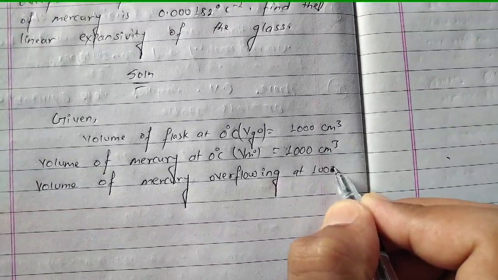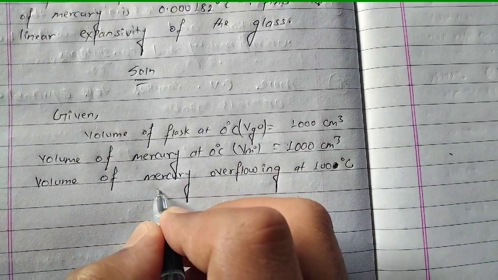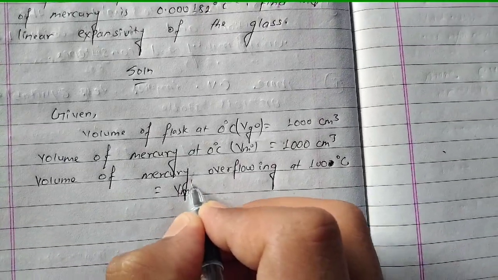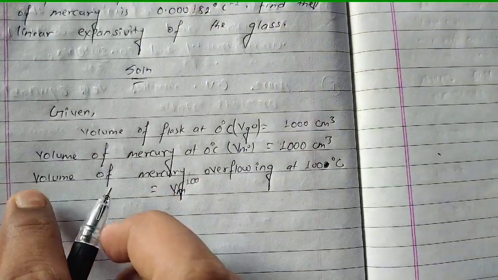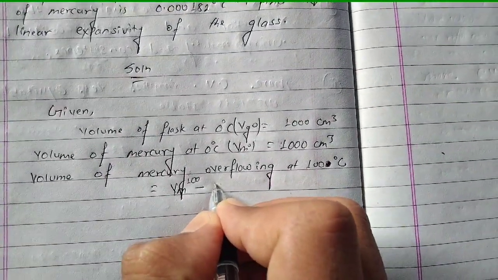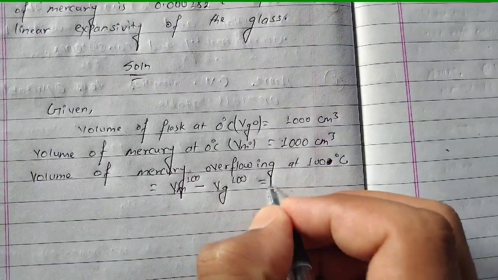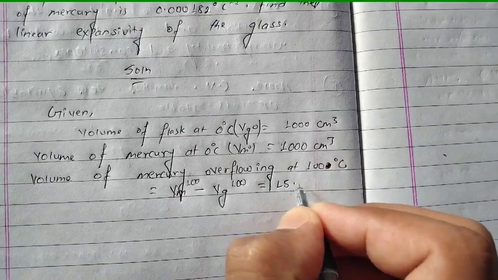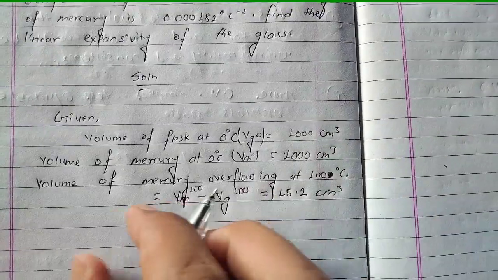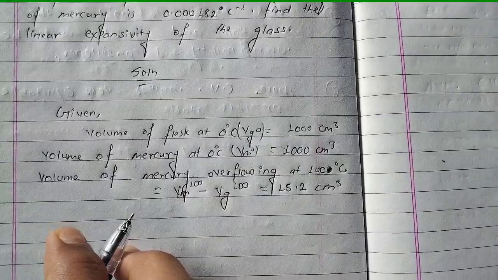So at 100 degrees Celsius, the volume of mercury minus the volume of flask at 100 degrees equals 15.2, which is given in the question. You have to see that 15.2 cm³ is given.